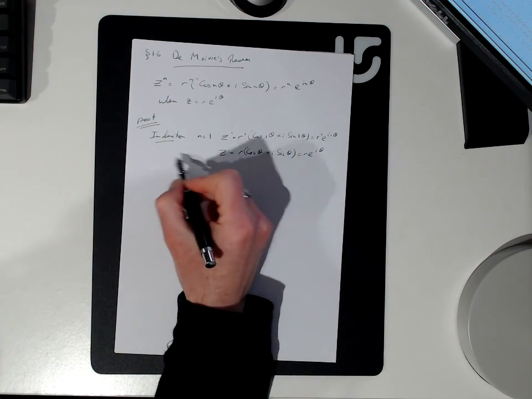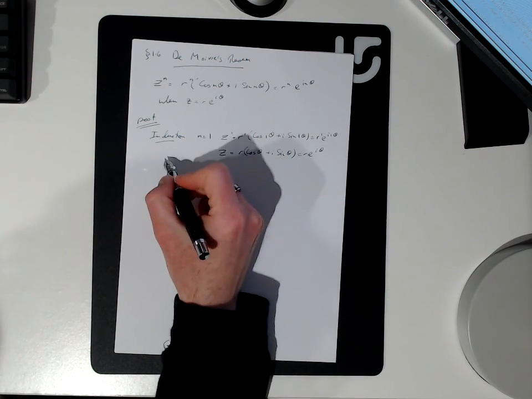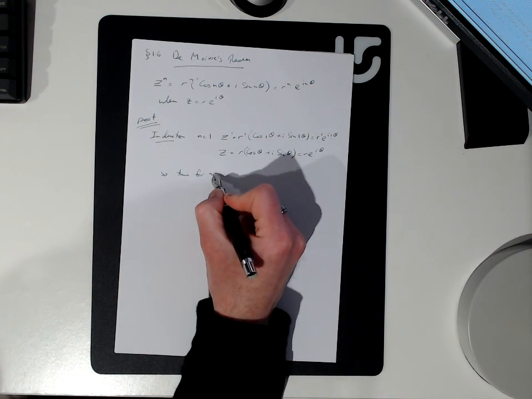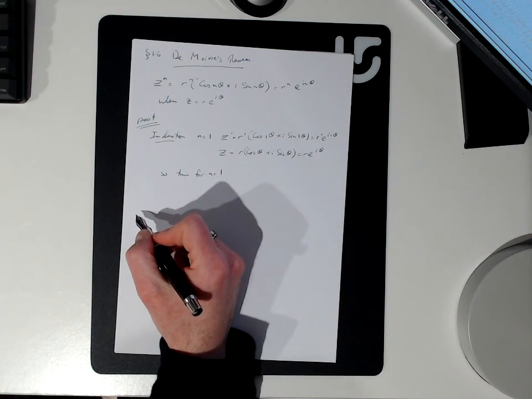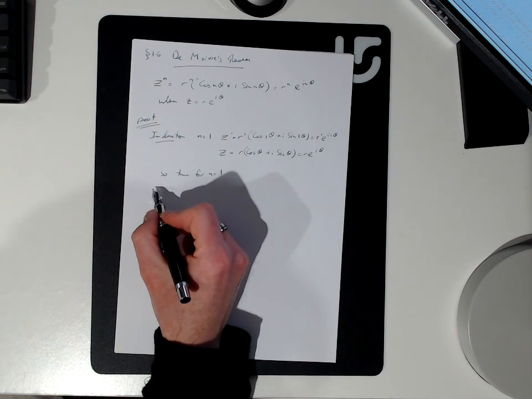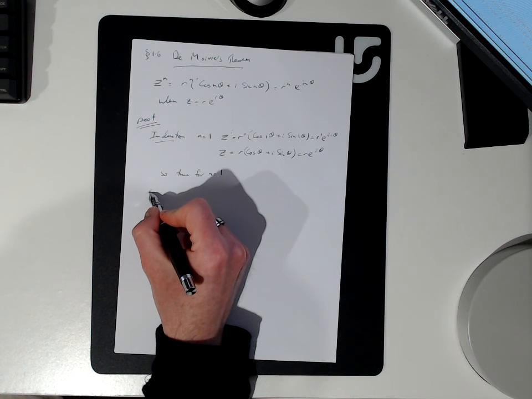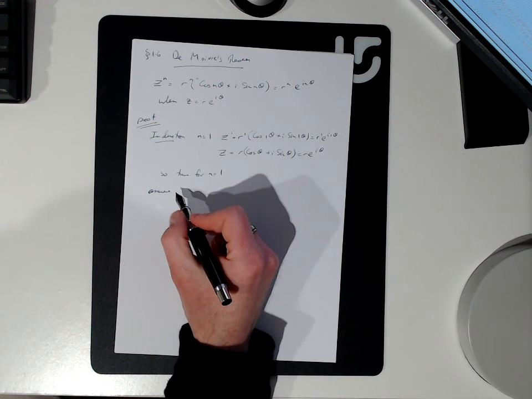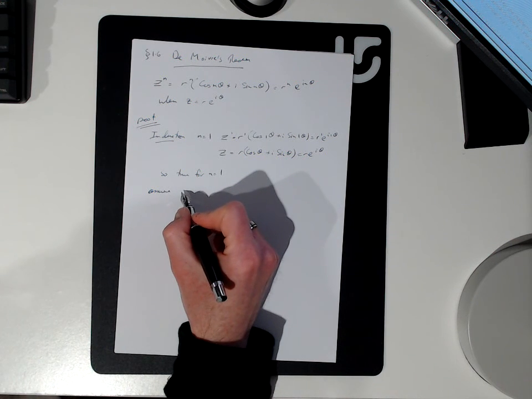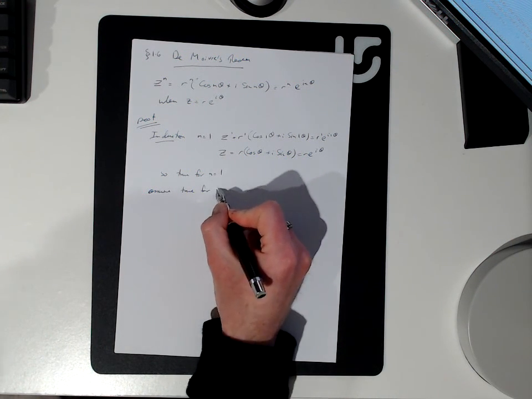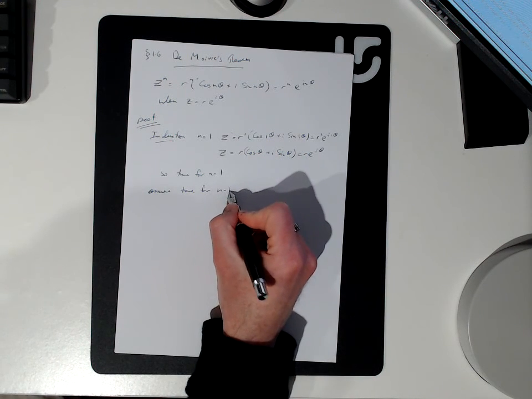So the statement is true for n equals 1. Right, so let's assume it is true for n minus 1.